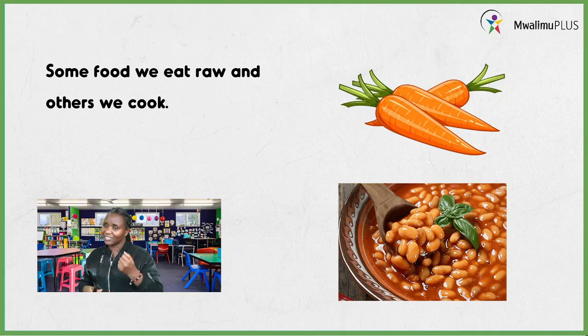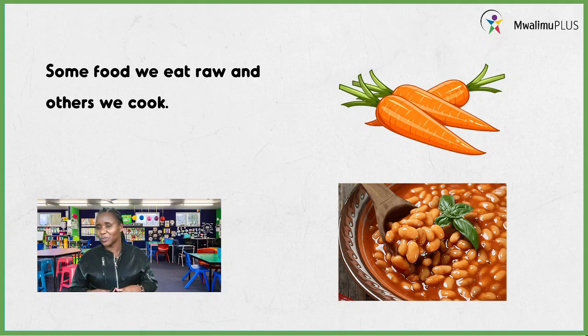That's a carrot. Yes, a carrot can be eaten when it is raw, that is, when it is not cooked. We like taking carrots, I know. When our parents come home from the market with the carrot, we take it, go and wash it and start eating. So the carrot is raw.